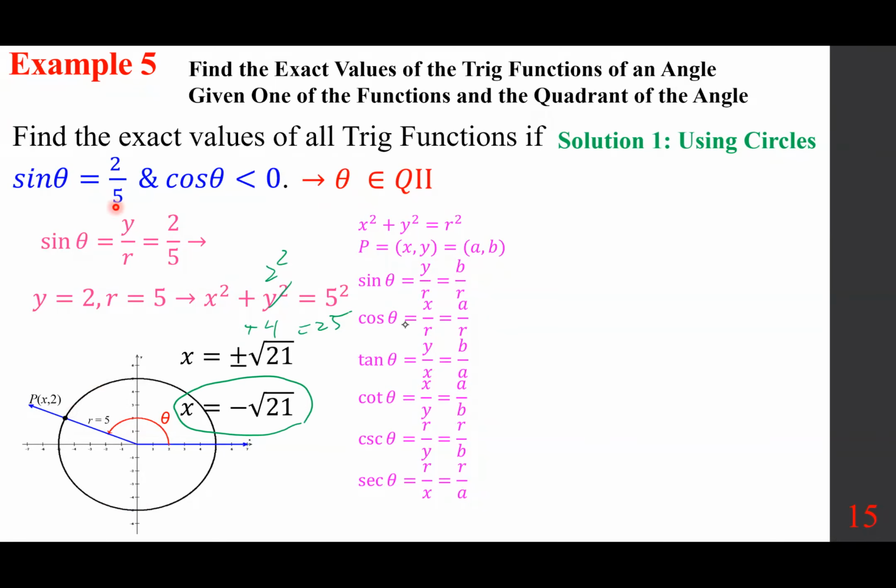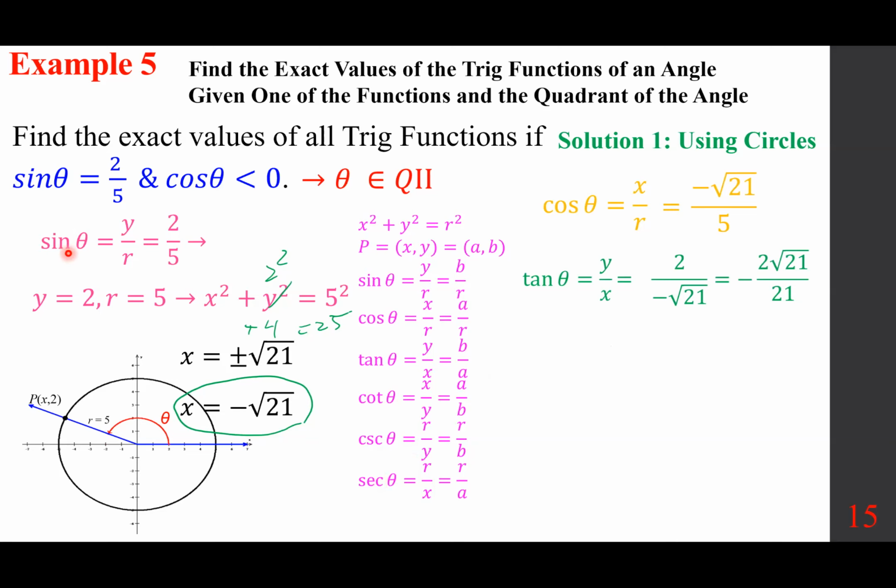So we have sine. Cosine is x over r. Tangent is y over x. So let's do that. Cosine is x over r. Tangent is y over x. And you can go with the rest of them or just write the reciprocal.